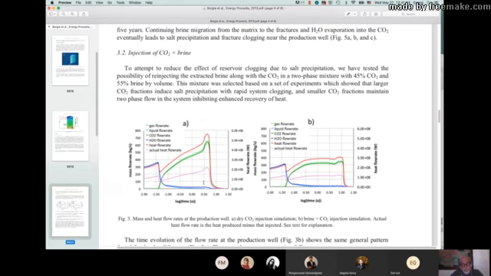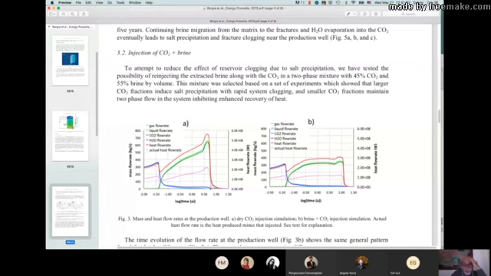And now, because the water vapor has a lot of heat content, this is where you produce most of your energy, because not only do you have the heat in the CO2, but also the latent heat of vaporization of the water contained in the CO2 plume.